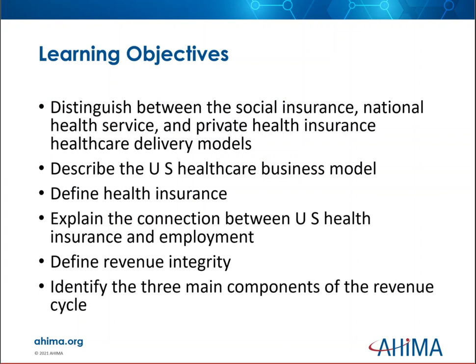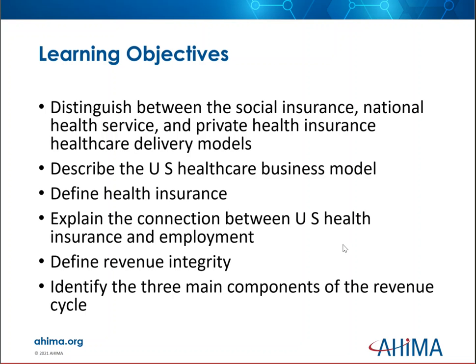I think one of the things you have to pay attention to as you move through reading and studying Chapter 1 is the idea that the United States healthcare system is unique, but it is not haphazard. Sometimes people have a tendency to think of it as very complex, which it is, but also that it just grew up the way it was, but it has a historical component to it.